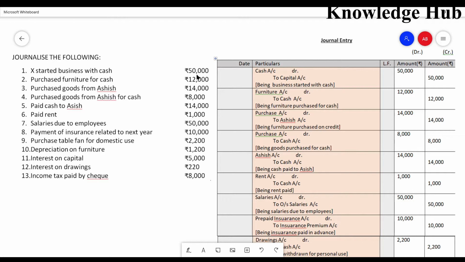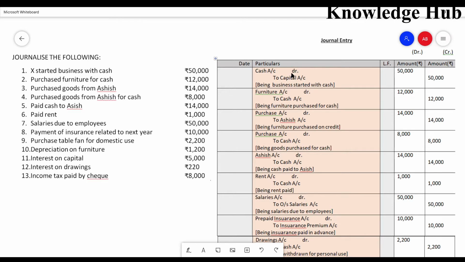Cash, its nature being a real account, and according to the traditional approach, for a real account, what comes in should be debited. So, cash being introduced into the business, or what comes into the business, should be debited. So, cash account is debited.